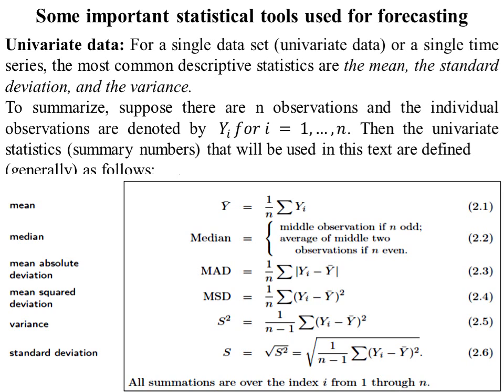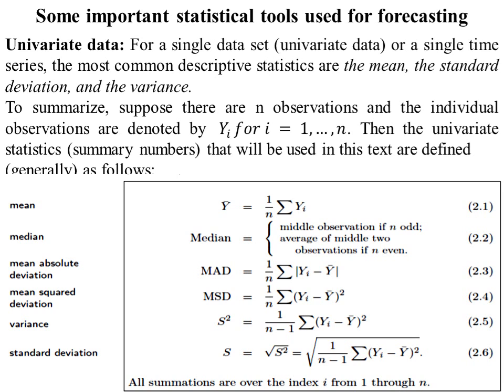These measures are mean, mode, median, and many others. The first one is the mean. The mean, y bar, equals the summation of the observations in a data set divided by the total number of observations, n.